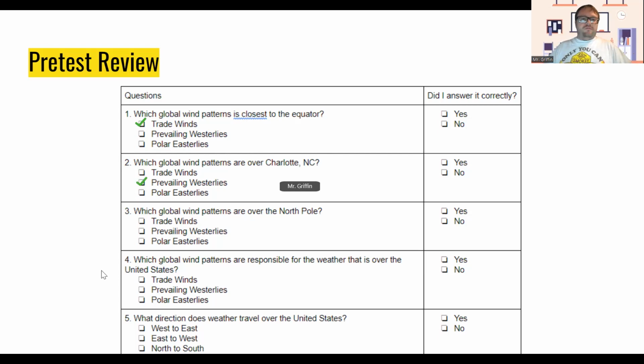Prevailing westerlies. Which global wind patterns are over the North Pole? Prevailing easterlies. Which global wind patterns are responsible for the weather that is over the United States? Prevailing westerlies. In which direction does weather travel over the United States? Remember, west to east.